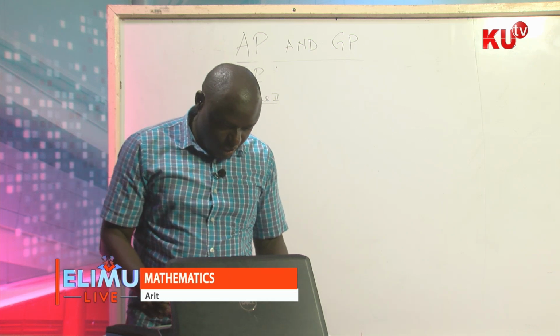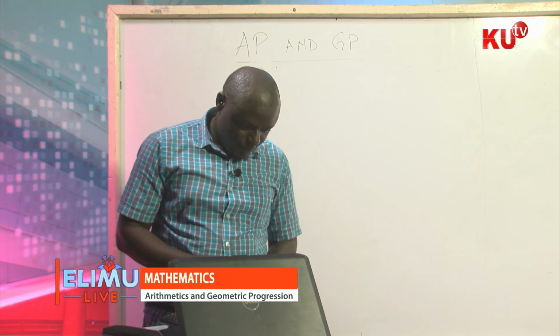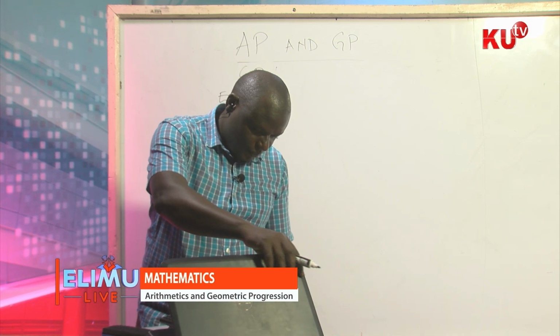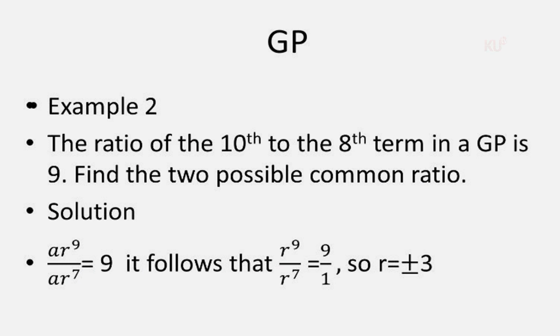I want us to consider a set of data. It is well provided for us. The ratio of the 10th to the 8th term in a GP is 9. A very good question.